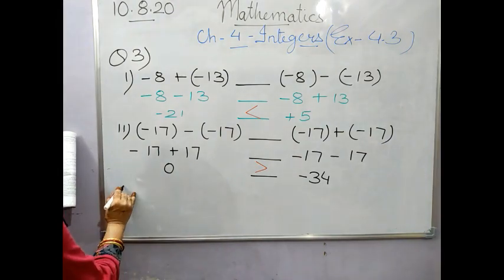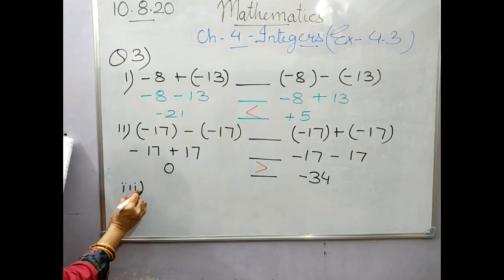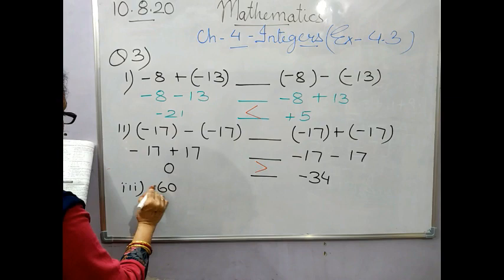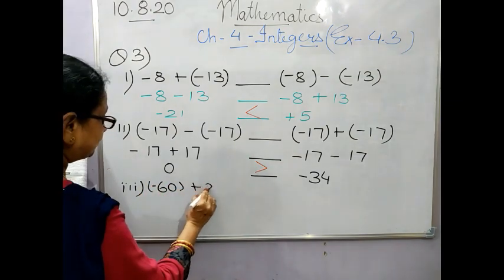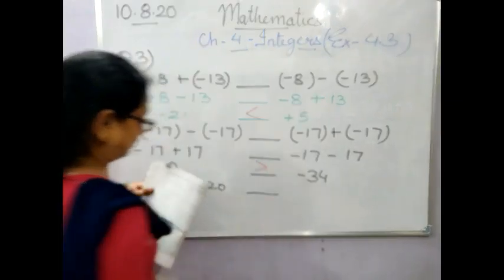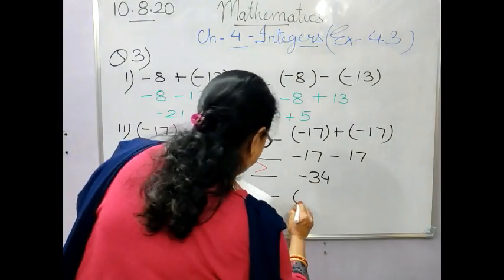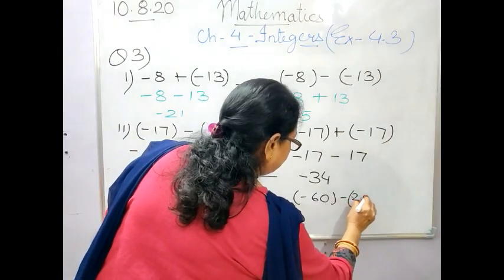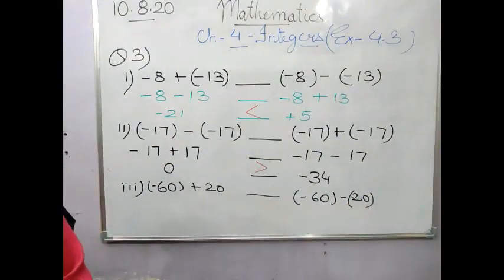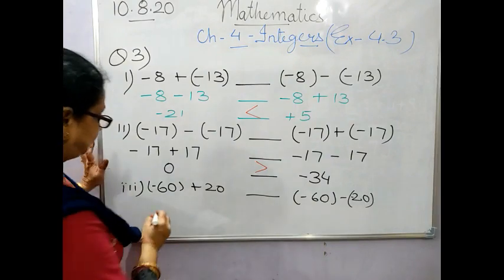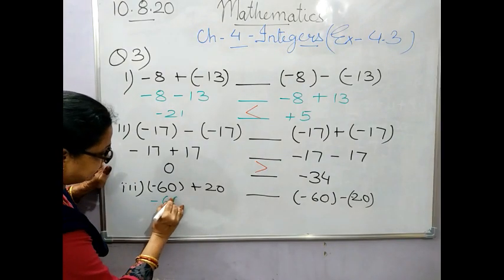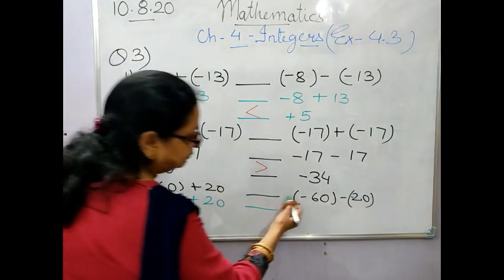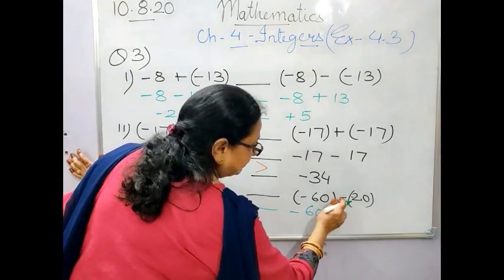The third one I should take. It is 60 minus 60 plus 20. This is the space where you have to put the sign, and minus 60 minus 20. Solve it. Minus 60 plus 20. This is the dash where you put the answer. Plus minus 60 minus minus.